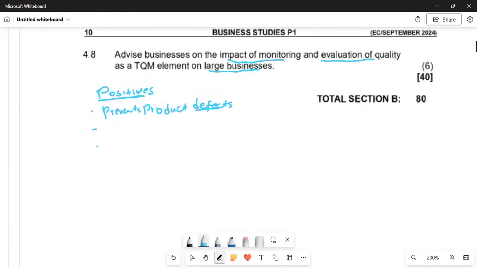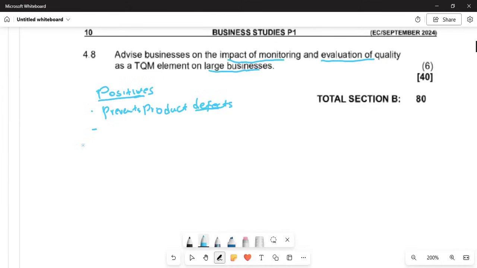Also, good quality check procedures minimize the replacement and breakdown of equipment and machinery on a regular basis. That is that.